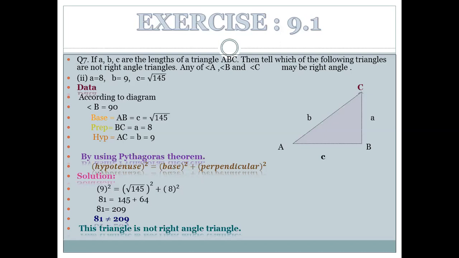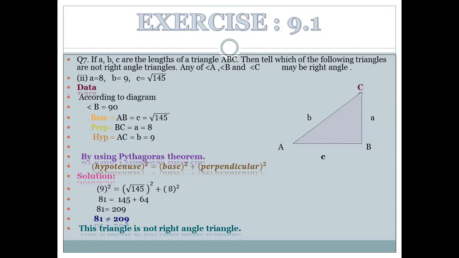So according to this, hypotenuse is B, base is C and perpendicular is A. The second part, I have done for you, which is A is 8, B is 9 and C is equal to under root 145. According to my diagram, because I take B as a right angle, B is the hypotenuse, it means that 9 is hypotenuse, A is perpendicular and C is base.